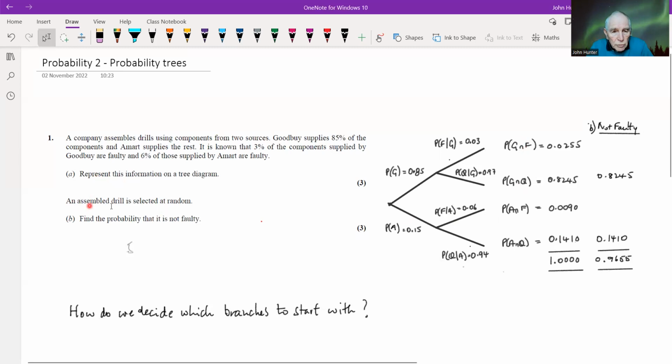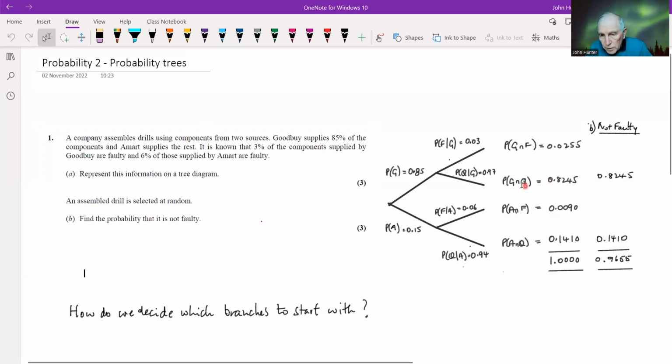An assembled drill is selected at random. Find the probability that it is not faulty. Okay, so having got all our leaves calculated out here, what we can do is go down all these leaves and find the ones that meet the criteria in B. So we're not faulty.